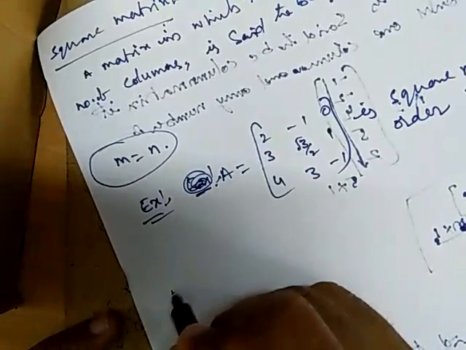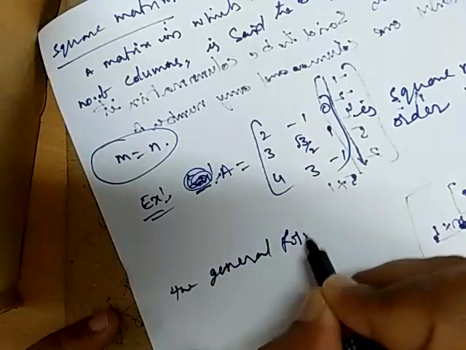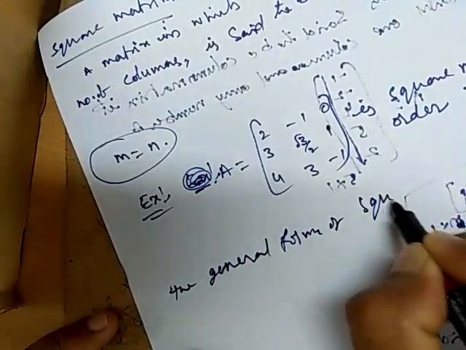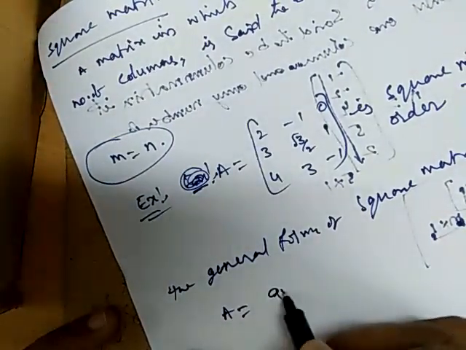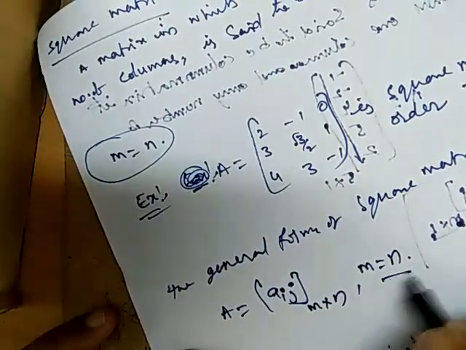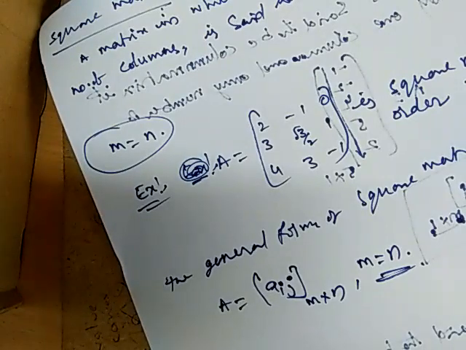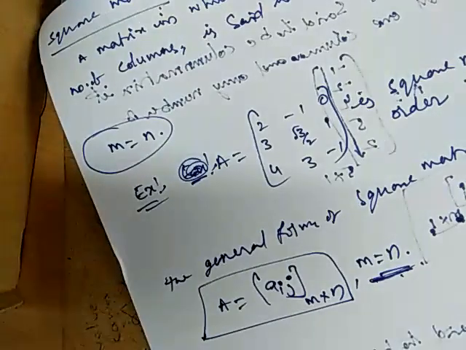The general form of square matrix is A equals A ij, m by n, where m equals n. This is the general form of square matrix, m equals n. Next, diagonal matrix.